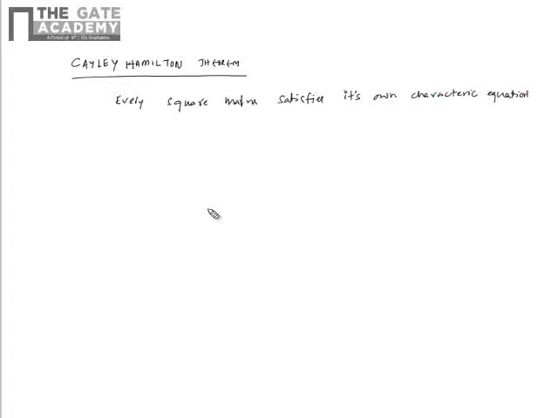What it means is, say if I have A as a square matrix, its characteristic equation is determinant of A minus lambda I equal to 0. If it is a 3 by 3 matrix, then this will be a cubic equation. So let's say lambda cube plus B lambda square plus C lambda plus D is equal to 0. The first coefficient will be 1 only, because when you multiply it comes out like that.